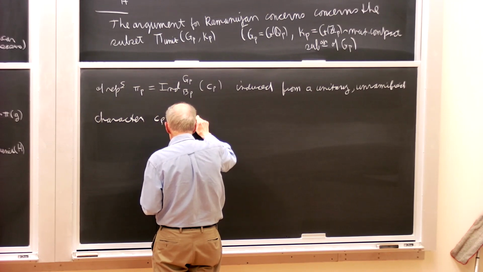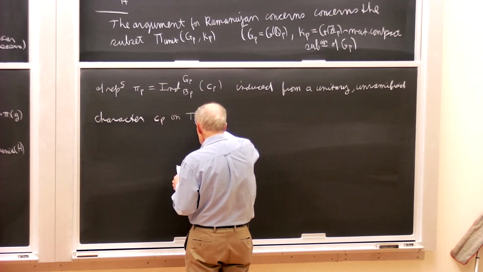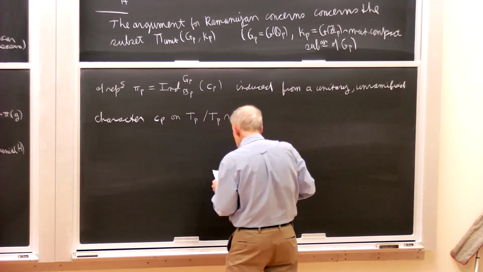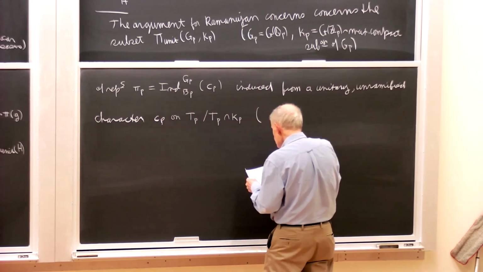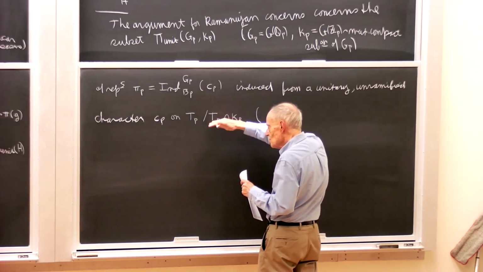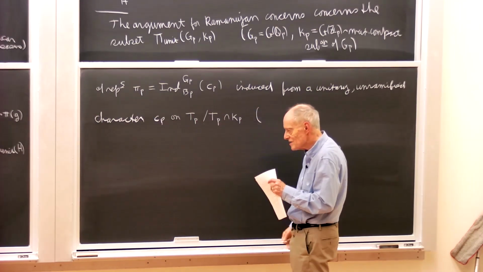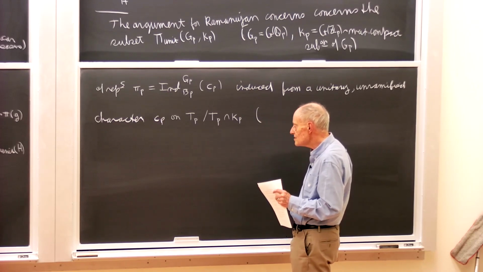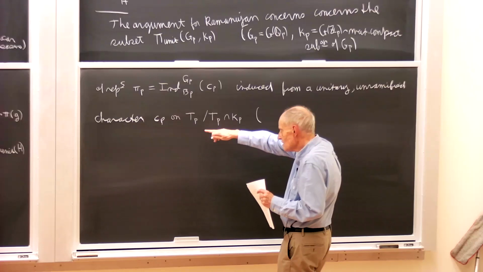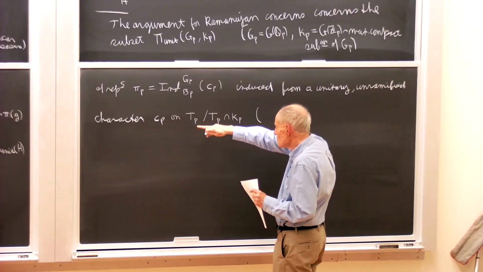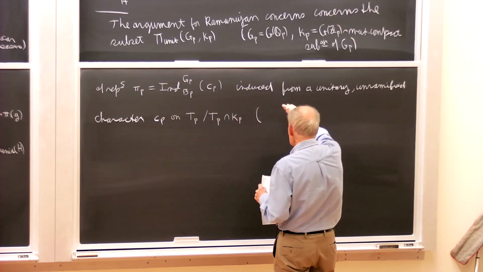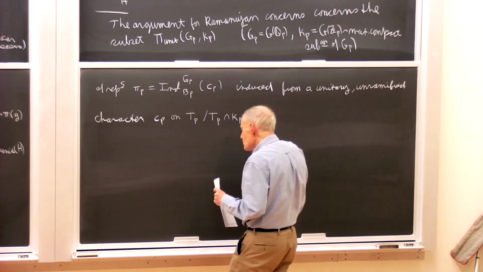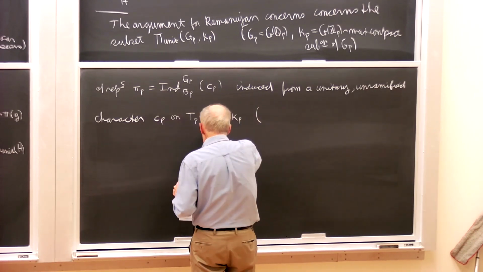I'll write this down first and then just remind ourselves what it would be, T_p intersection K_p. And so I don't know that I really went through the definition of an induced representation from a Borel subgroup of a group, but it's a standard definition. So in any case, this concerns representations induced from a Borel subgroup attached to a character on T_p.